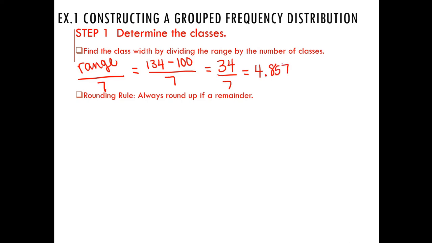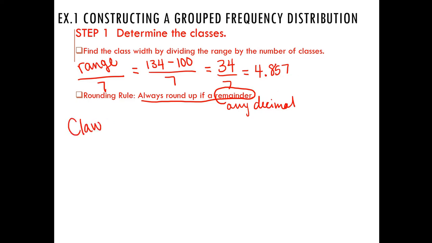4.857. Okay, when we round for creating class limits specifically, there's a rounding rule that we always round up if there's some sort of a remainder. A remainder means if there's any decimal. So even if our decimal was 4.111111, we would round it up to 5.